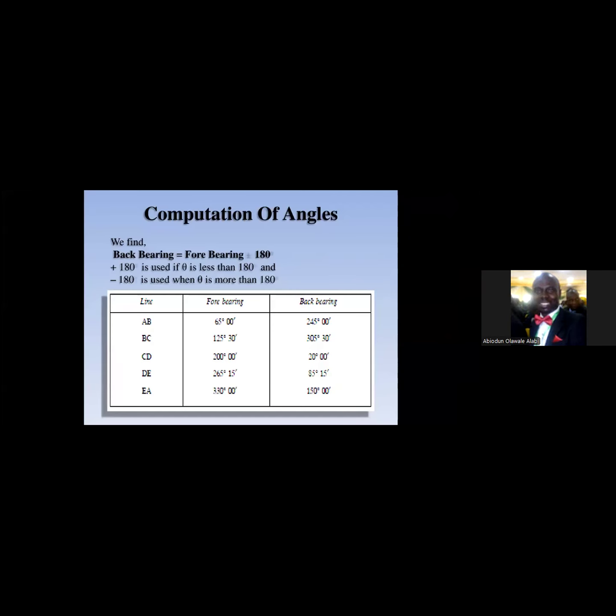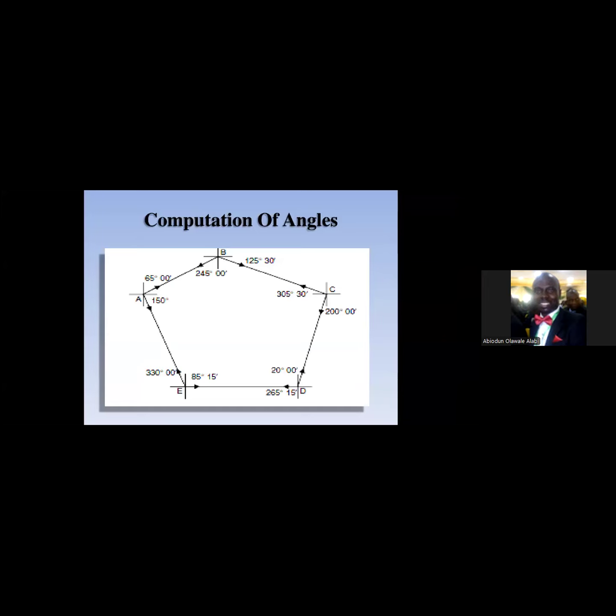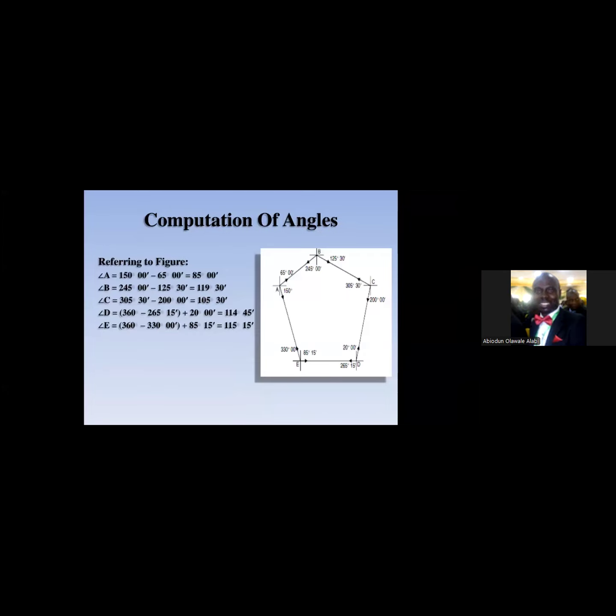So the same explanation goes for back bearing and forward bearing. We've explained the relationship between those two terms. Okay, can you see now the plots, how they are computing the included or the interior angles?